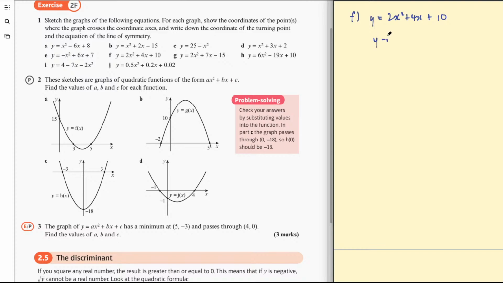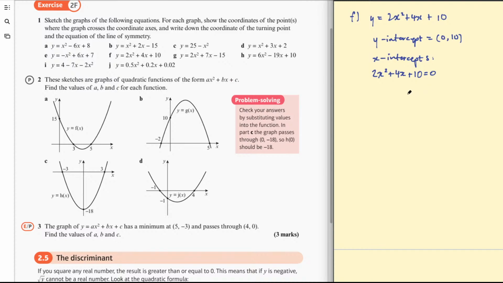So the y-intercept is 0, 10. The x-intercepts are when all of this equals 0.